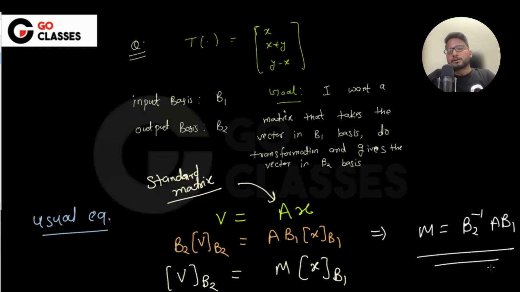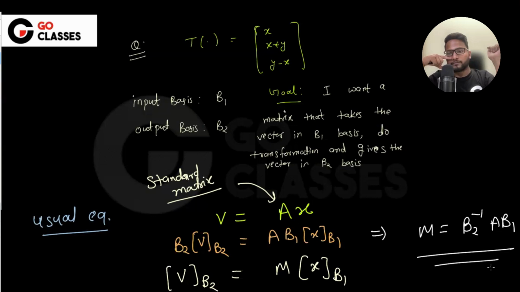Okay. So now I will tell you one other way also, an intuitive way, but at least now, if someone asks you, can you find the matrix that takes the input from one basis, does the transformation, and gives you the output in another basis, then you have that, right?